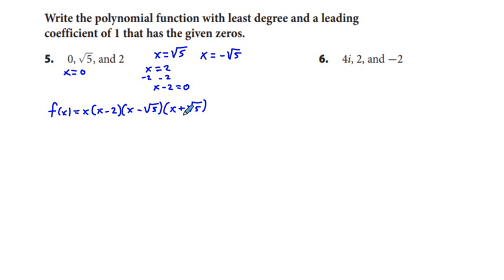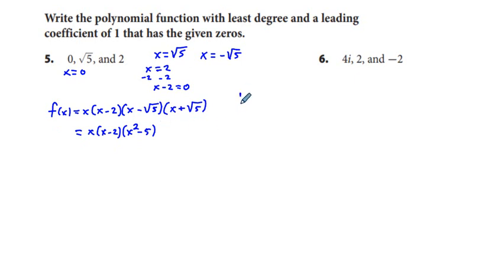And then we can multiply all these together. If we multiply x minus square root of 5 times the quantity x plus square root of 5, we'll do this one at a time, working to the right. I'm going to bring over this x times the quantity x minus 2, and this product is x squared minus 5. Next we can use different methods to put all these together.